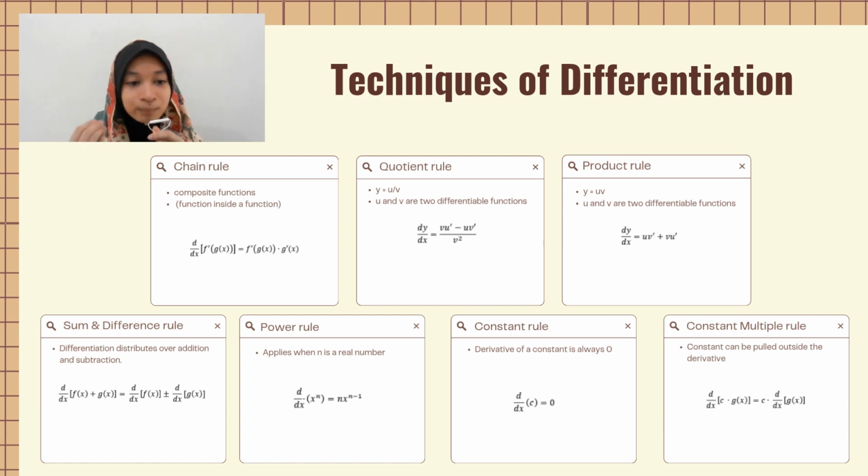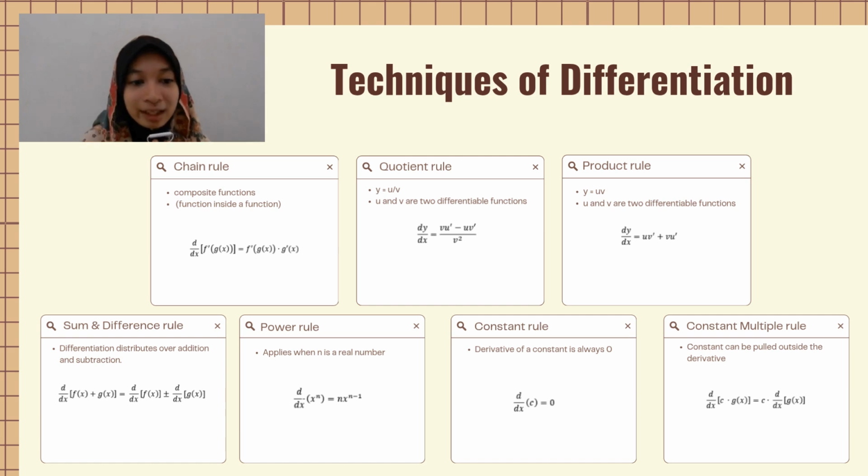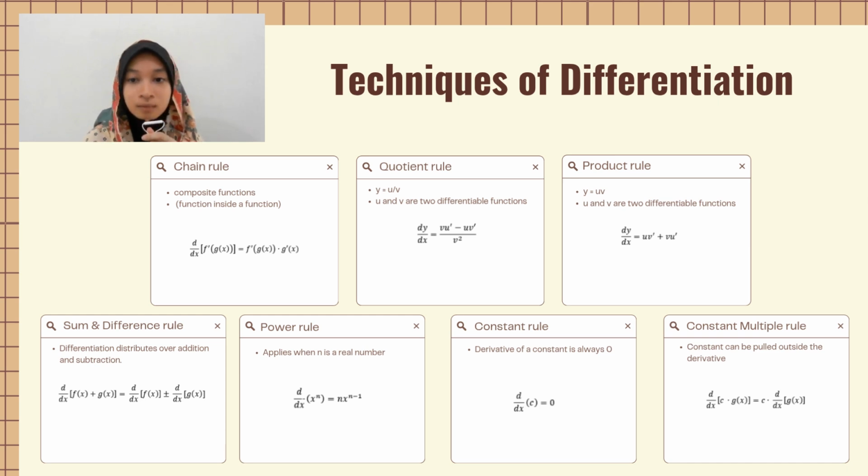So this is basically a rational function where the numerator we put as u and the denominator we put as v. The third one, we have the product rule. The product rule is a bit similar to the quotient rule. The quotient rule we use when it's a rational function, but the product rule we use when it comes to multiplying. So we let y equal to uv, where u and v are two differentiable functions.